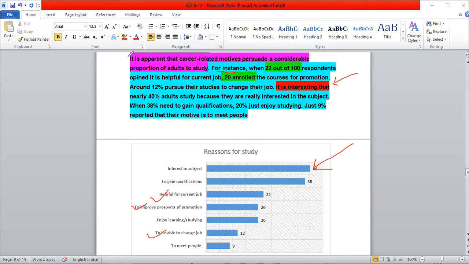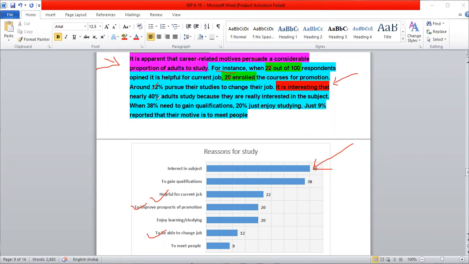It's because collectively 22 plus 20 plus 12 is 52%. They are studying just because of career motives. So the majority are doing so. So we can categorize this group into the career related group. So that's why the primary perspective of the adults is to do something with the career.